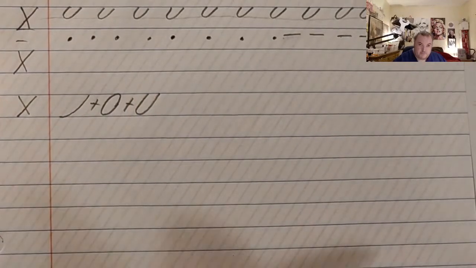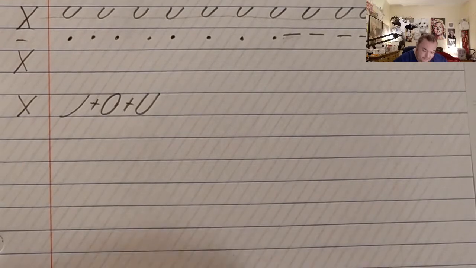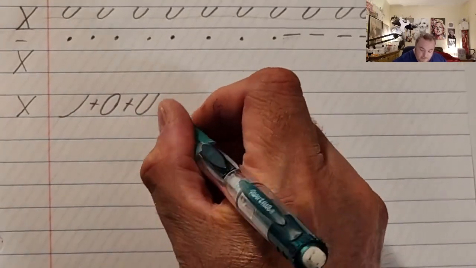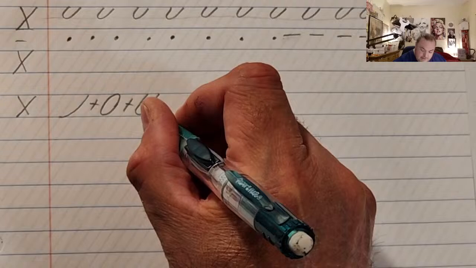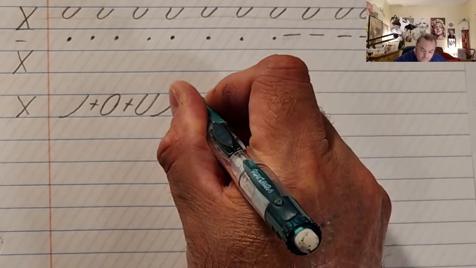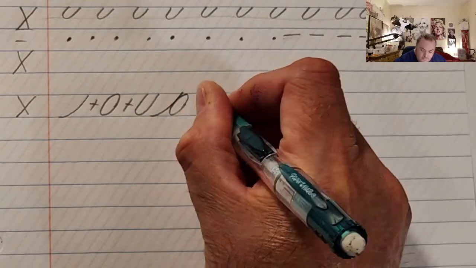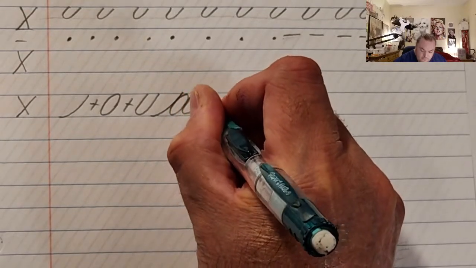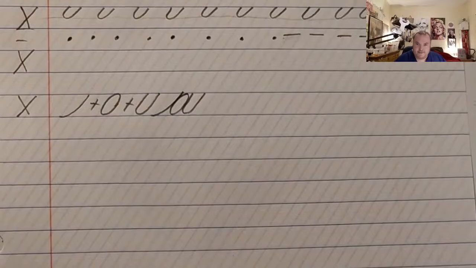Now, here's one of the crazy rules about calligraphy. If you were to put this into practice, it would look like this. What's wrong with this? Can anyone tell me?